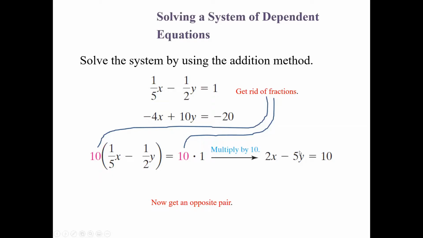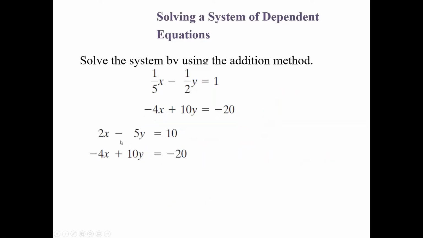I'm close. I've got a -5y and a positive 10y. So I can multiply this equation up here by 2, or I can multiply by 10. Here we go. I've got this. I'm going to multiply by 2. I told you we multiplied by 10 to get rid of the fractions.